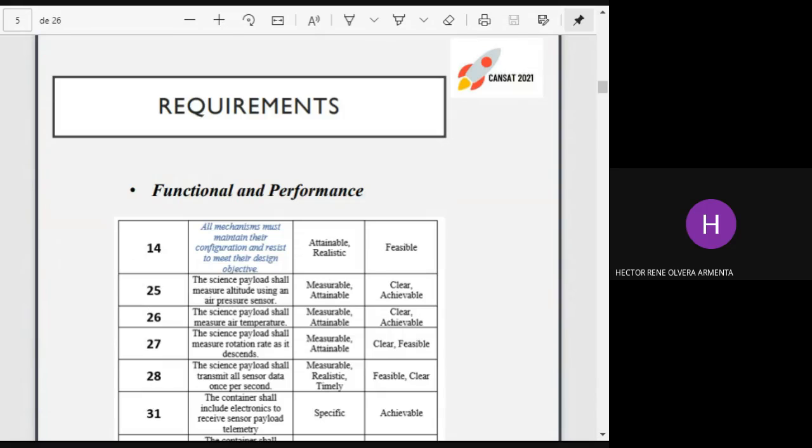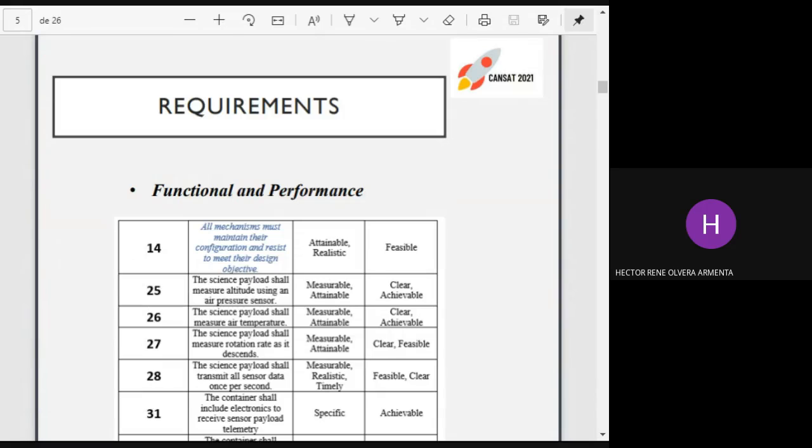So we have to put them in a main idea and make a transcription of that requirement. Here is an example: all mechanisms must maintain their configuration and resist to meet their design objective.